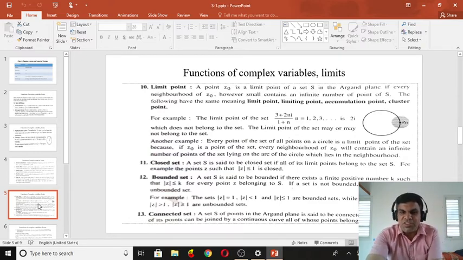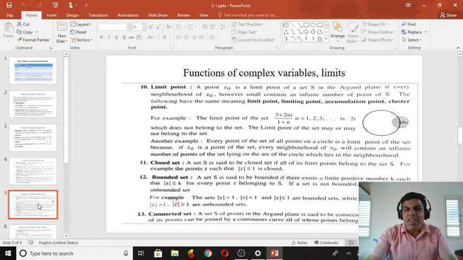The same condition in the complex plane: a set S is said to be bounded if there exists a finite positive number k such that mod z is less than or equal to k for every point z belonging to S. If the set is not bounded, it is called an unbounded set. In the real case, mod f of x less than or equal to k is bounded; mod f of x greater than k is not bounded.